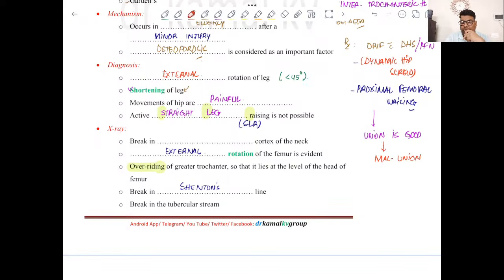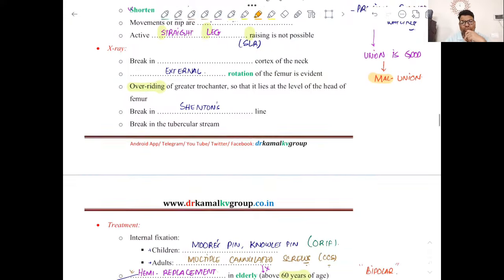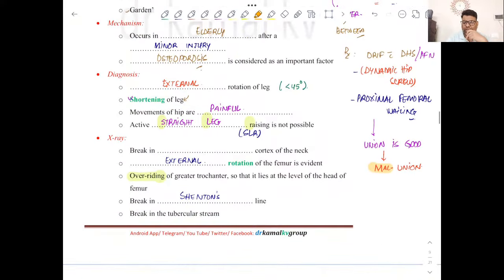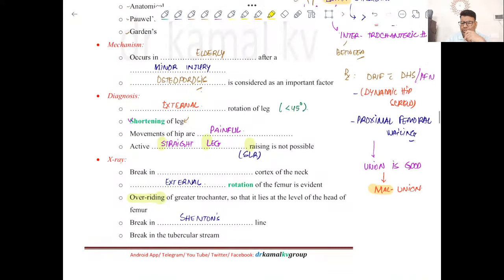Clear? Union is good, but sometimes it can unite in a little wrong position, so that is malunion, as compared to non-union, which we see in the intracapsular variety. So these are the 3 important differences which you should know.